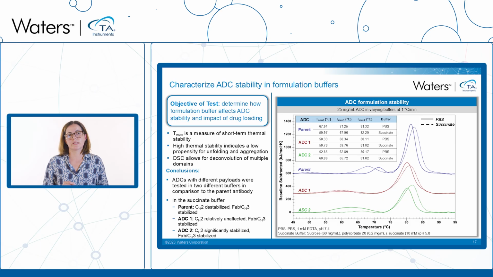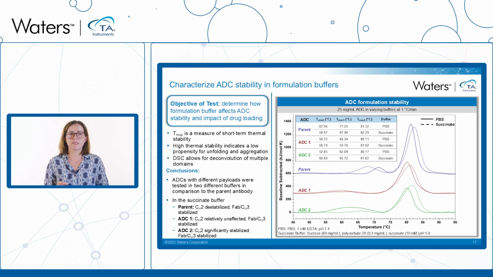Now, looking at ADC1, you'll notice that the CH2 domain is destabilized significantly relative to the parent antibody, but remains relatively unchanged between different buffer formulations. The second transition also sees a slight decrease in stability for both buffers relative to the parent antibody.